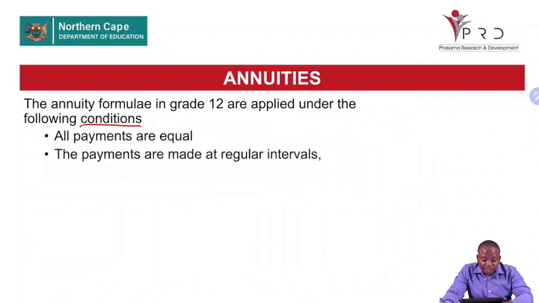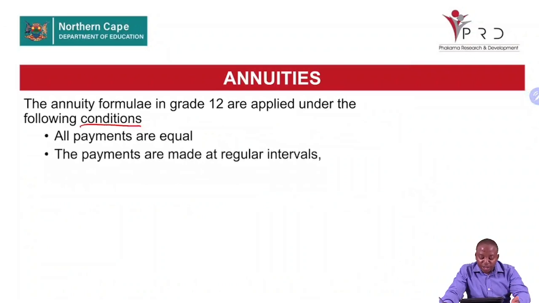The second condition is that all the payments must be made at regular intervals. If you are making a payment monthly, the payments must be made every month. You can't put money in this month, skip next month, and put it in maybe 6 months later.